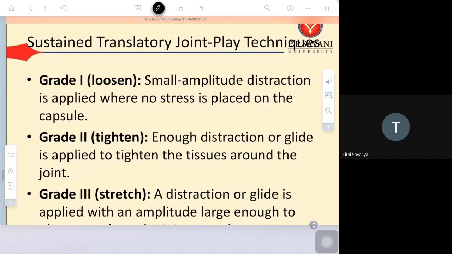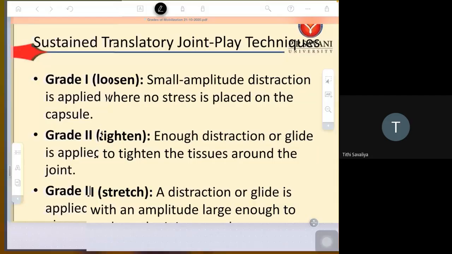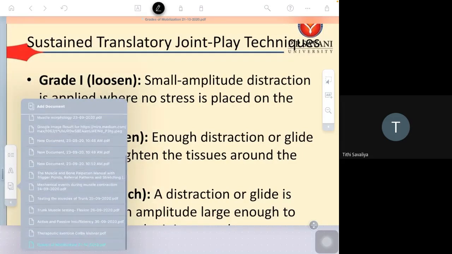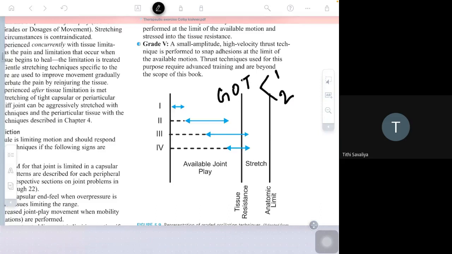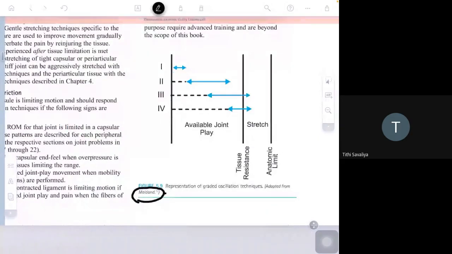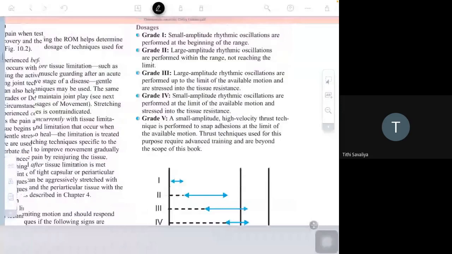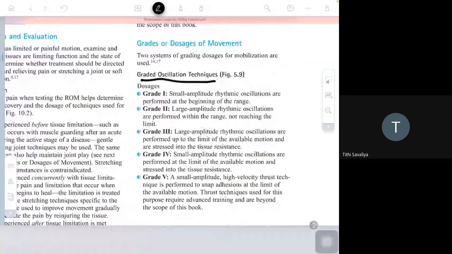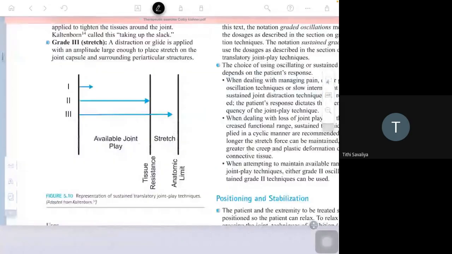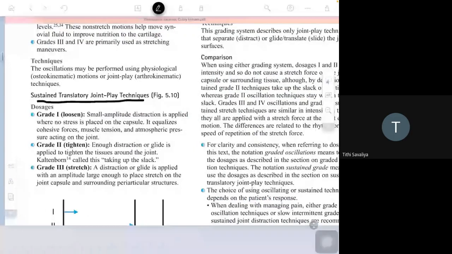If you remember last class, graded oscillatory technique is otherwise called the Maitland technique.